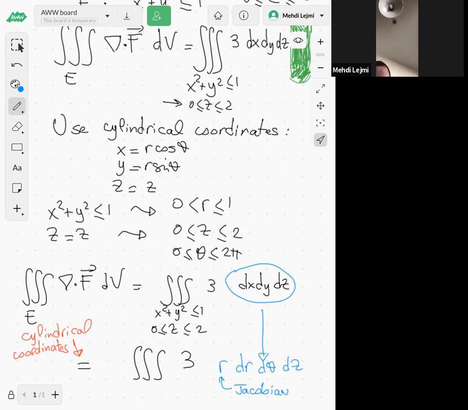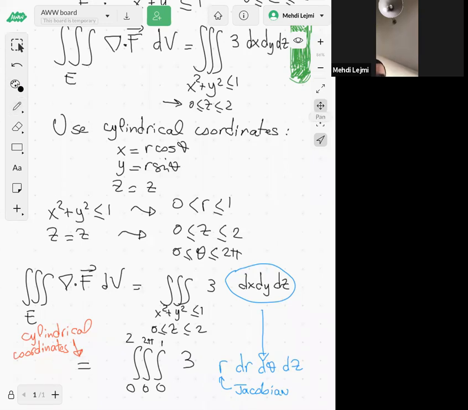Of course, r is between 0 and 1, theta between 0 and 2 pi, and z is between 0 and 2.